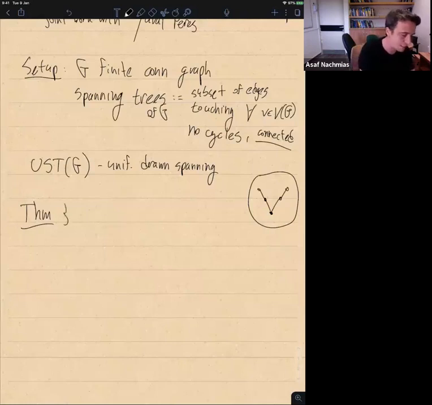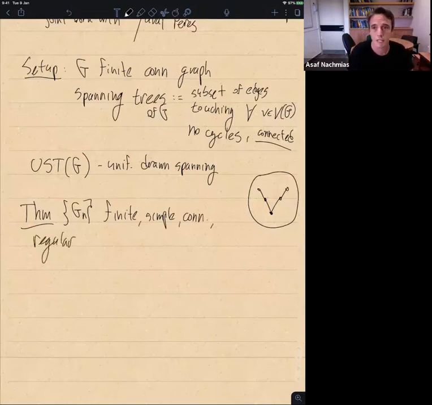So we have a sequence of finite, simple, connected regular graphs. By regular, I mean that all degrees are equal, and let's say the degree is d_n.